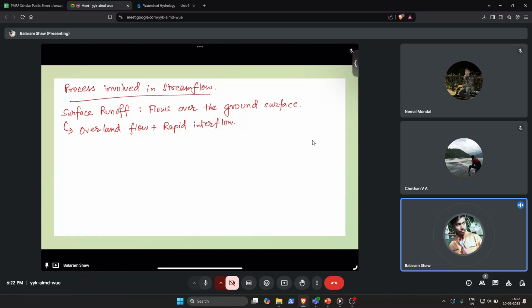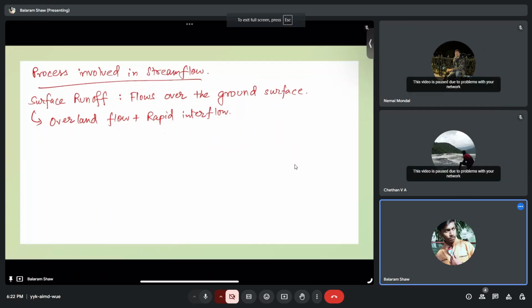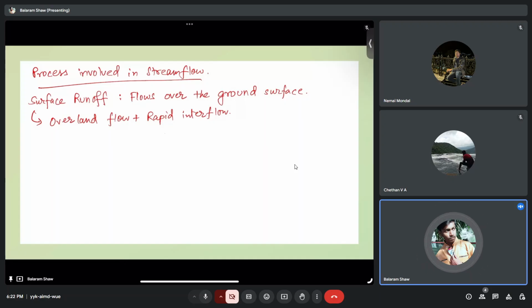Okay, and next is the base flow. Why is there a lag in this? Okay, so next is the base flow.